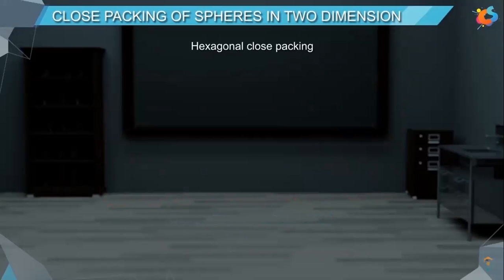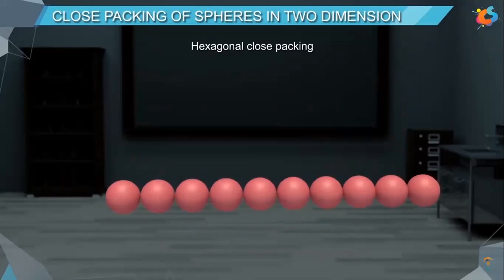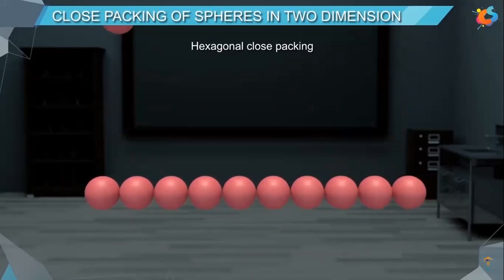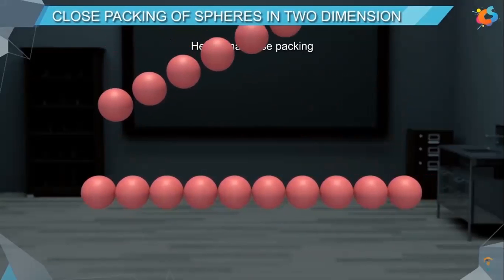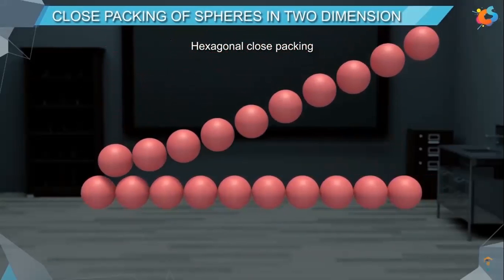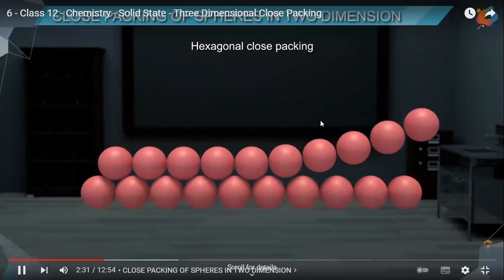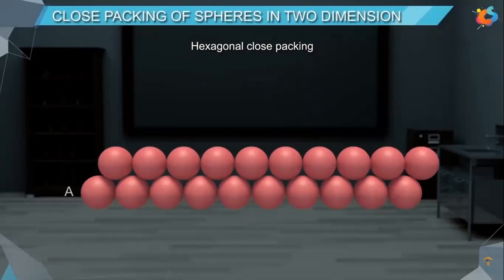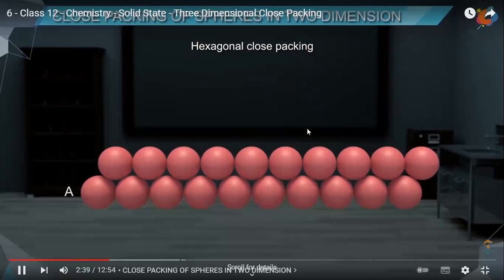Hexagonal close packing. In this type of packing of spheres, the second row of spheres is placed in a staggered manner such that the spheres fit in the depressions of the first row. If we call the first row as A-type, then as the second row is different from the first row, it can be called B type.